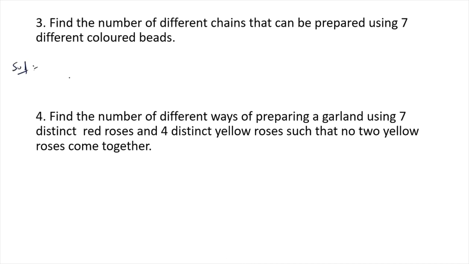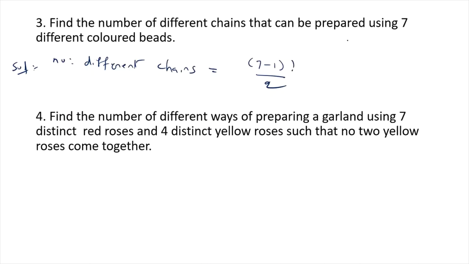So using these 7 different beads, we can form a chain, in the sense that we have to arrange these 7 beads in a circle. So the number of different chains is equal to (7 minus 1) factorial upon 2.